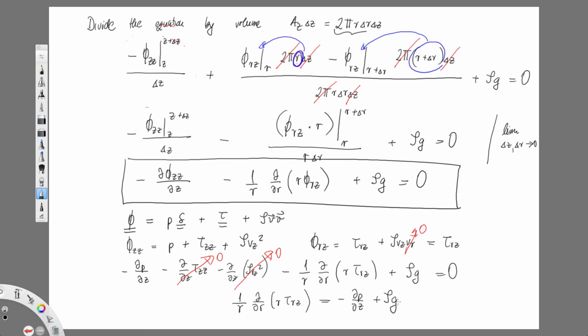So I will simplify my life a little further. We will define a function, generalized pressure or flow potential, which is P of z minus rho g z.